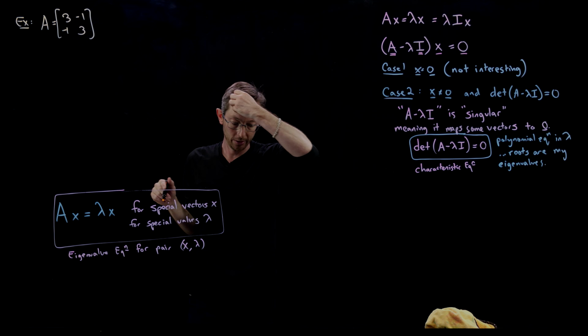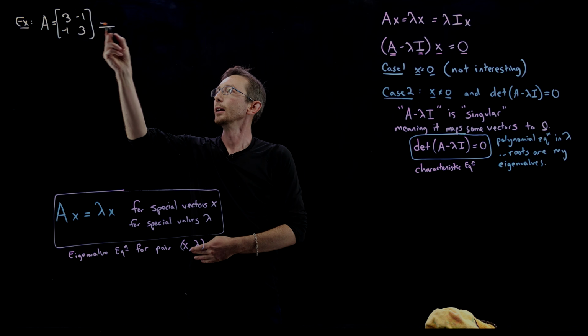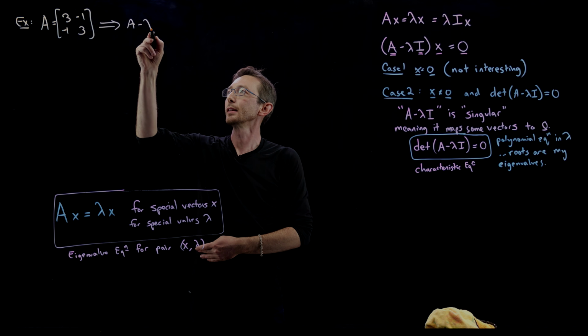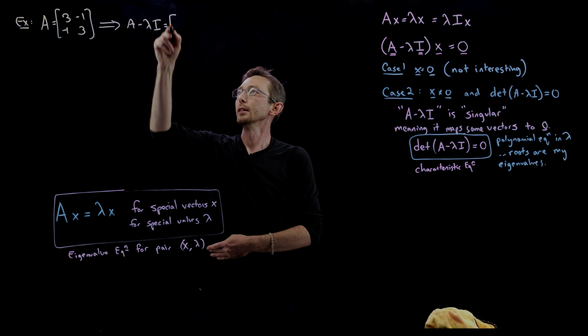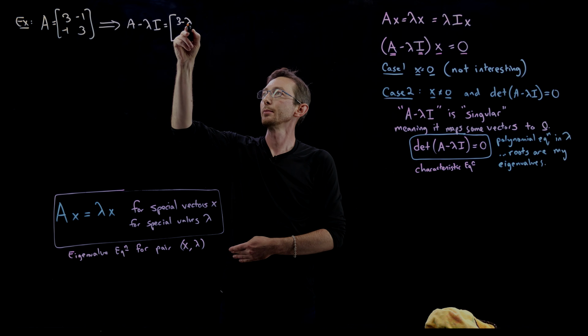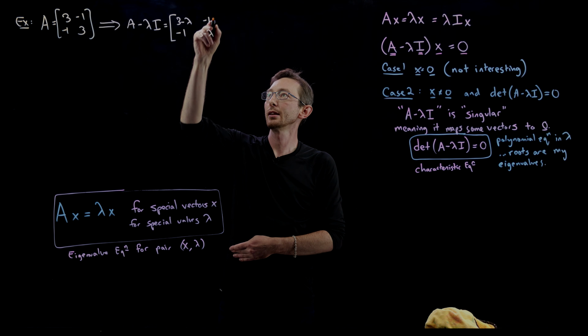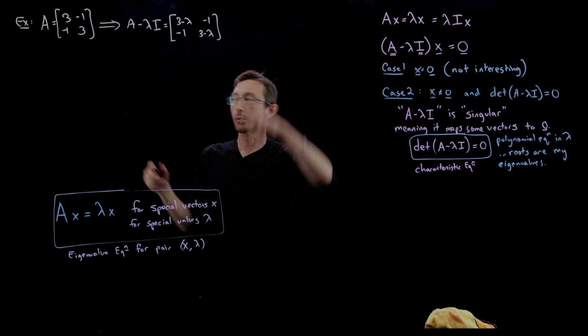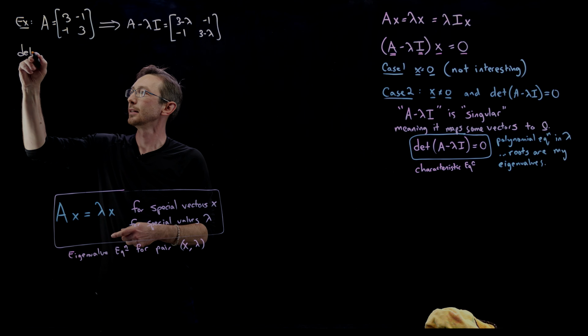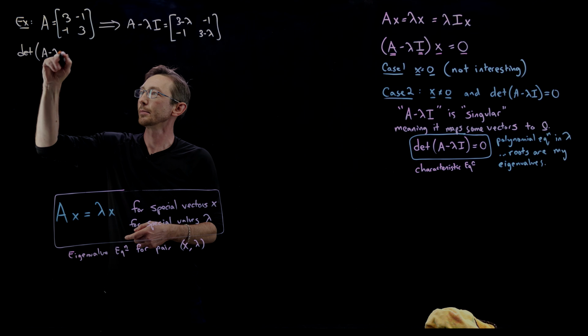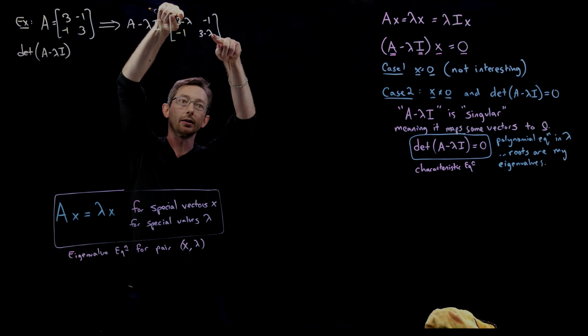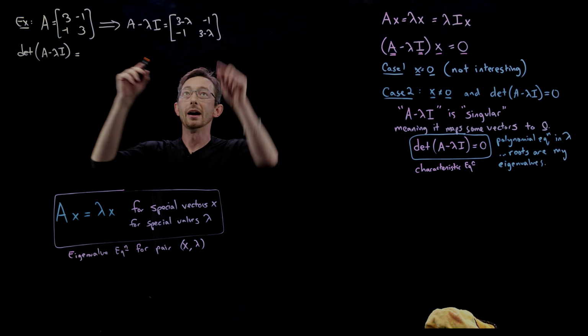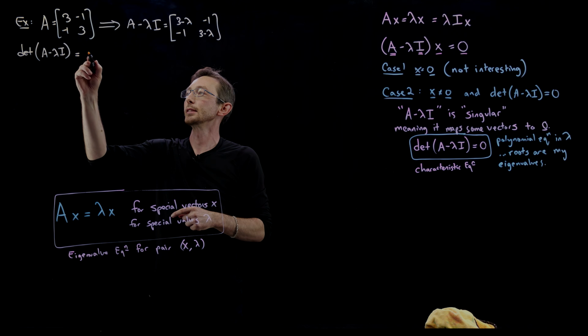So A minus lambda times the identity is easy. This is just 3 minus lambda, minus 1, minus 1, 3 minus lambda. Taking its determinant, det of A minus lambda I is just the product of the diagonals minus the product of the off diagonals.